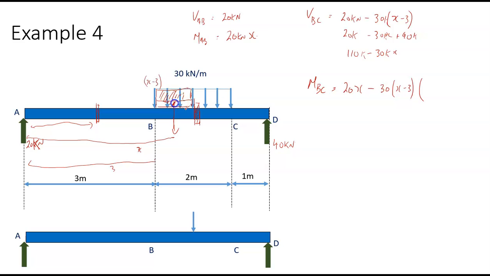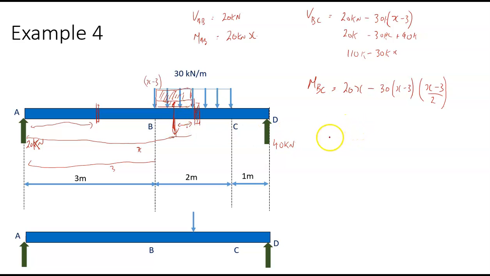The centroid of this is that distance, x minus 3, all over 2.